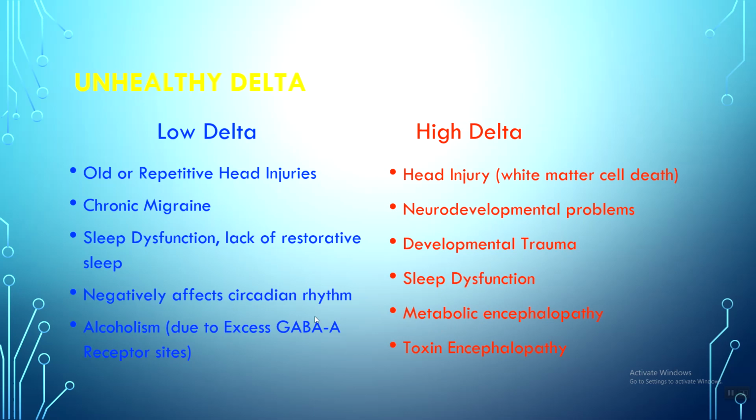Chronic migraine, sleep dysfunction, poor circadian rhythm, and then this last piece, when we see a low voltage brain, it doesn't mean that that person's an alcoholic, but it can indicate a mutation of the GABA A receptor sites, and that's the fourth gene.